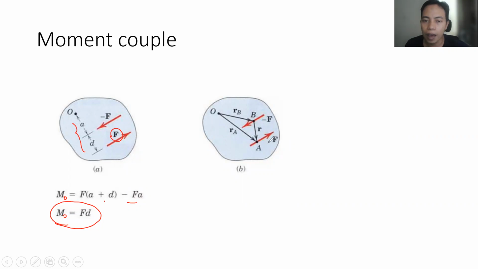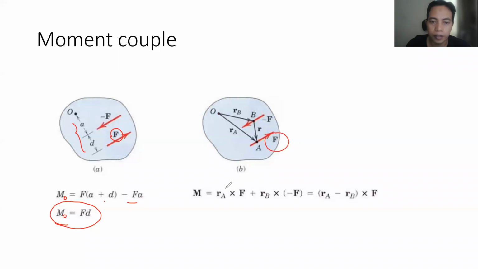For external force F, it has a point of application at A, and minus F has a point of application at B. A and B have the position vectors RA and RB with respect to point O. And the relative position of point A to point B is represented by position vector R. So then we can write in vector operation that the moment created by force F is the cross product of the position vector RA with F. And for the second force, we can do the same thing, the cross product of RB and minus F.